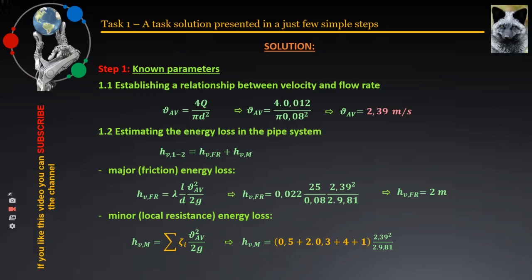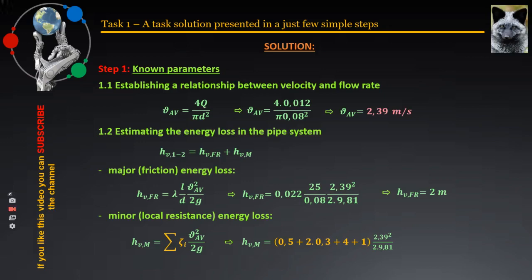What does it mean? In our case, there are two elbows, it can be seen on the work diagram, which requires that the coefficient zeta k to be multiplied by 2, which means by the number of local resistances of the same type.